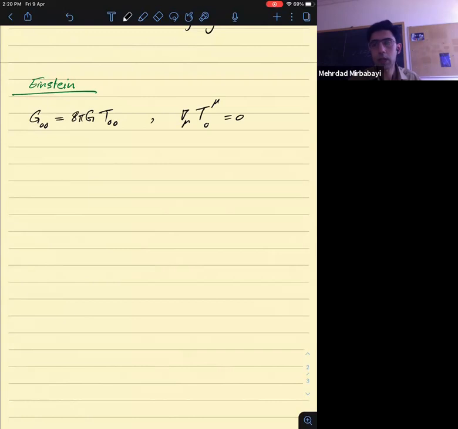Since this model is relatively simple, these two equations will contain all of the information, all of the dynamical equations about this space-time.